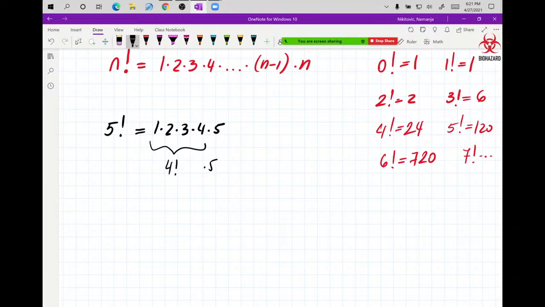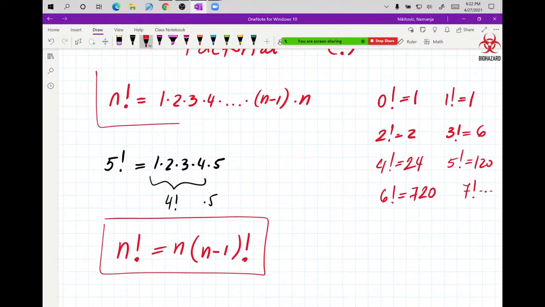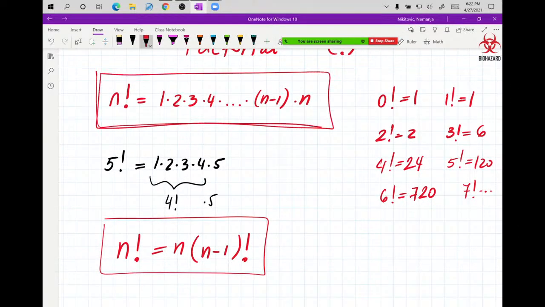Well, that's great. That gives us a formula that n factorial is n times n minus 1 factorial. This is a really cute formula that can save you a lot of calculation in some cases, because you will be able to cancel factorials.